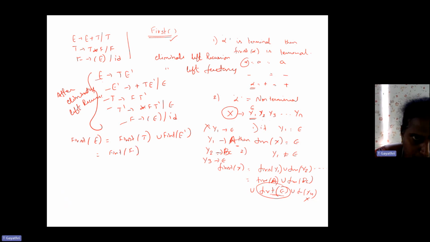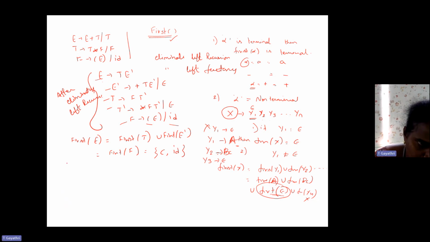So we go to F. What is the F production? Open brace is one production and the second one is ID. So we can write first of E is open brace, ID.